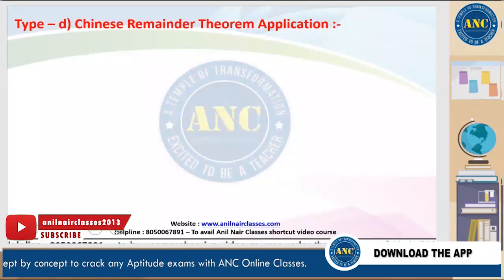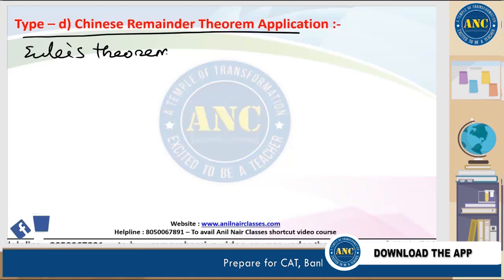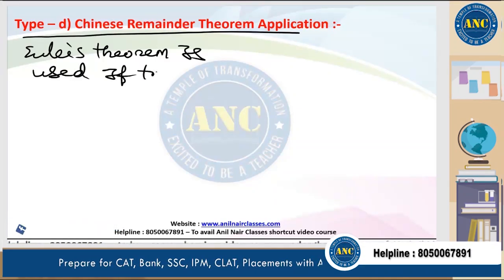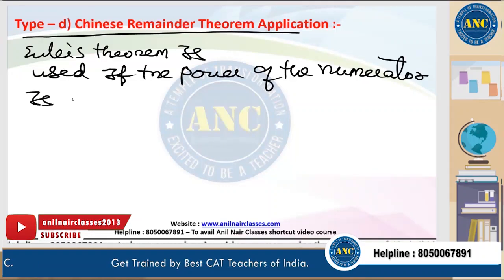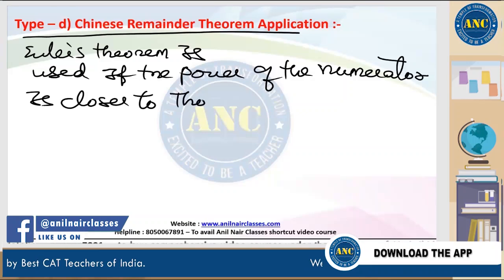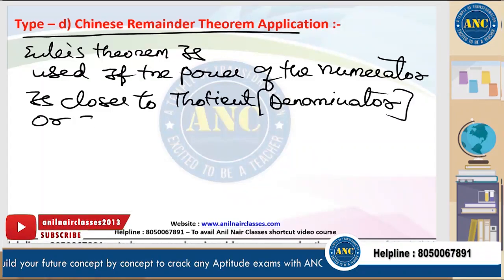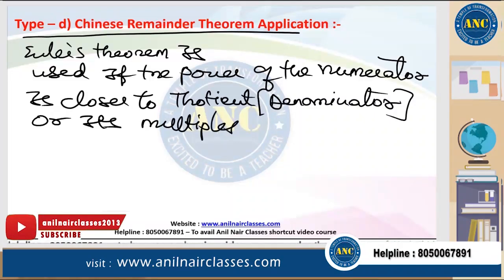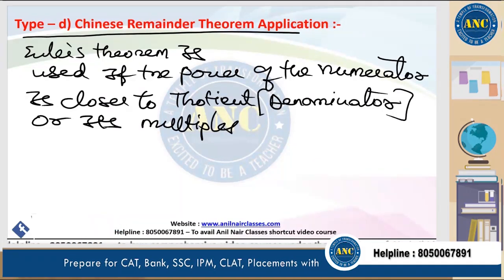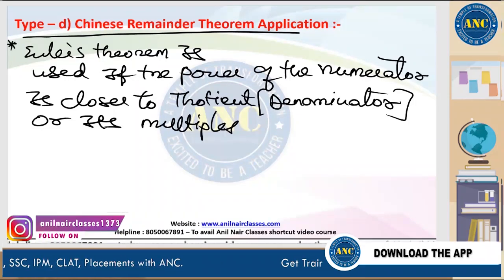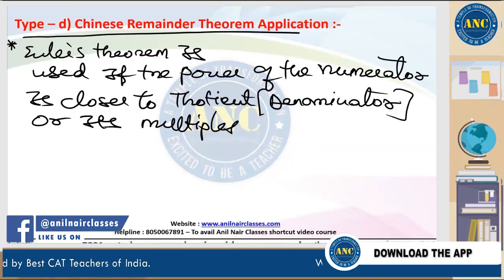In other words, please write down this concept: Euler's theorem is used if the power of the numerator is closer to the quotient of the denominator or its multiples. Euler's theorem's effectiveness is there when we take the quotient of the denominator and the power of the numerator is closer to it. I hope it is clear.